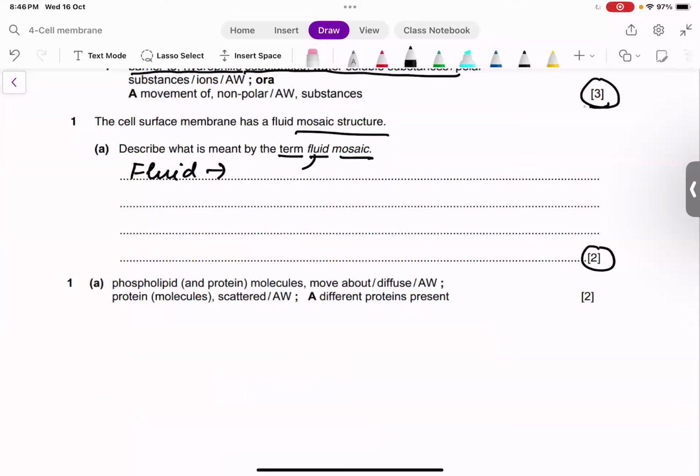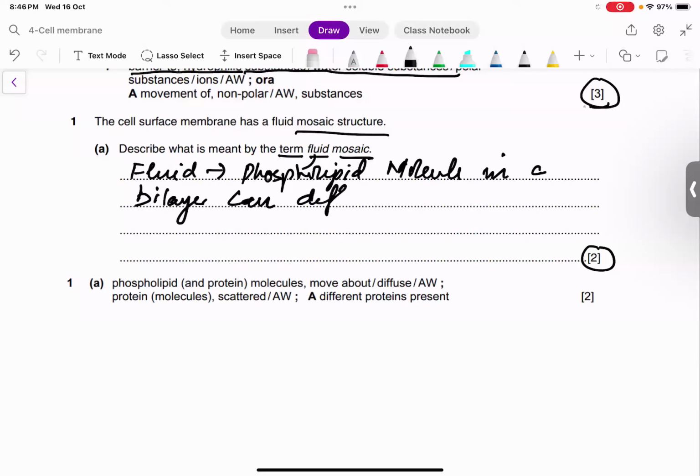Because the phospholipid molecules in a bilayer can diffuse or move around in their monolayer. Why monolayer? Because they don't cross from one layer and they don't move into the other layer. They can keep on moving within the monolayer.